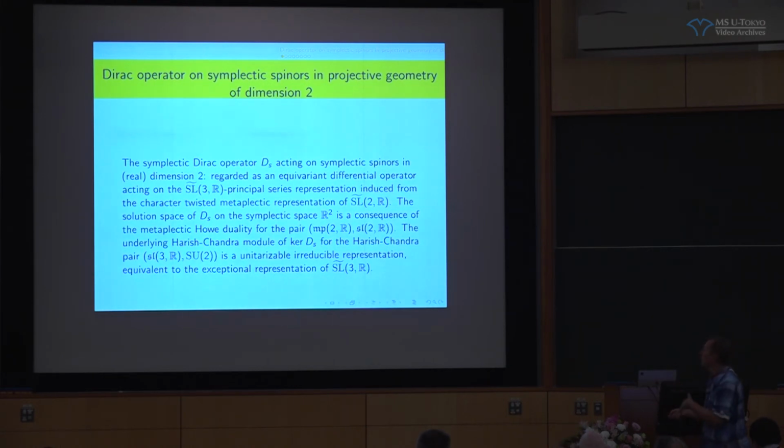It's non-orientable, so we have to do the double lift of that to the two-dimensional sphere, which is not only orientable, but it's a symplectic manifold, and so it makes sense to deal with the symplectic Dirac operator on this manifold.